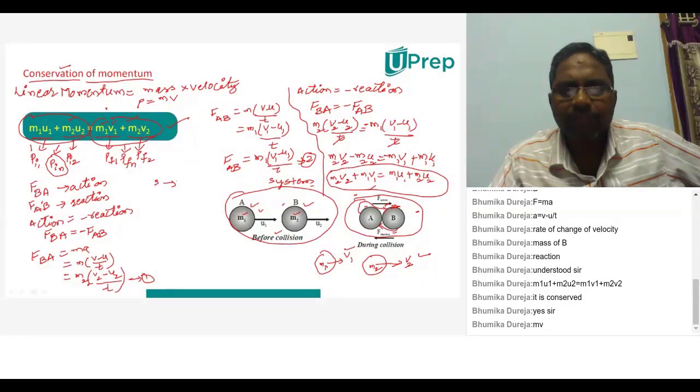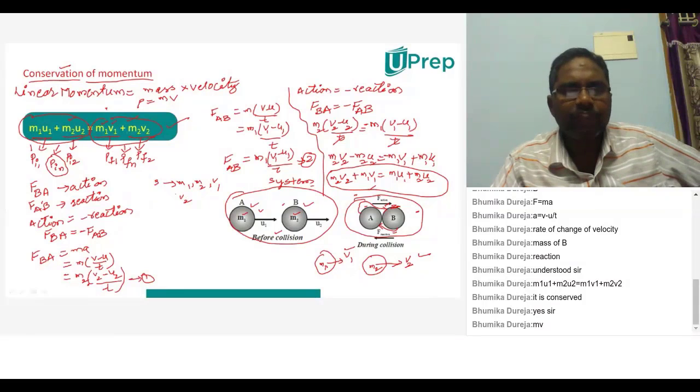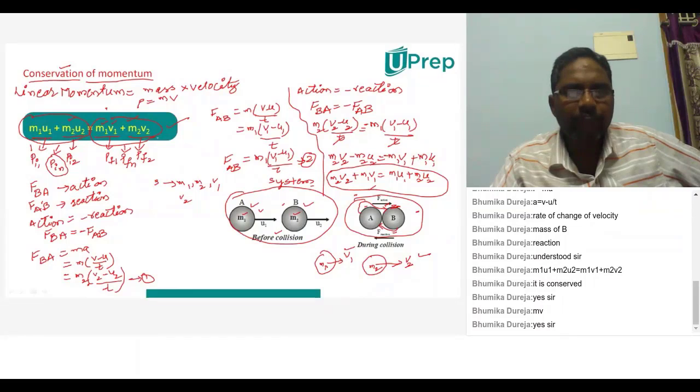Either M1, M2, V1 will be given, and they will ask you to find V2. Can you find it using this equation or not? Arnav, M1 is known for us, sir. M2 is known, V1 is known, and they ask you to find V2. Can you find it by writing all the values into this equation? Definitely, isn't it? Yes, sir.